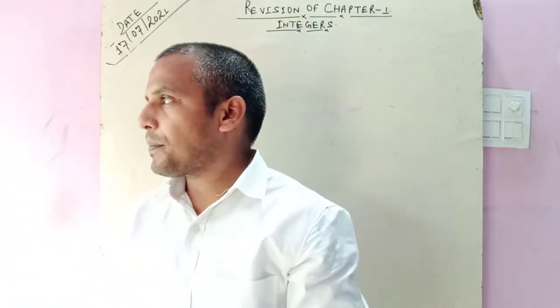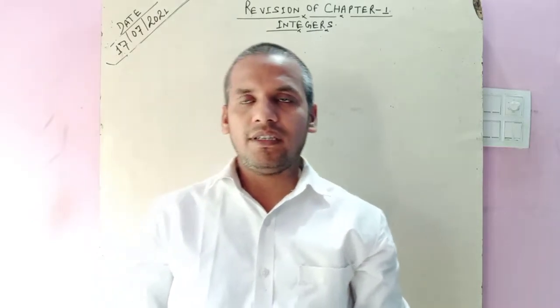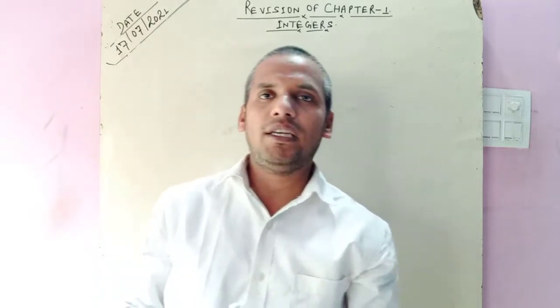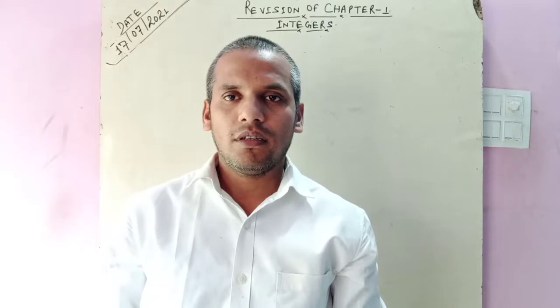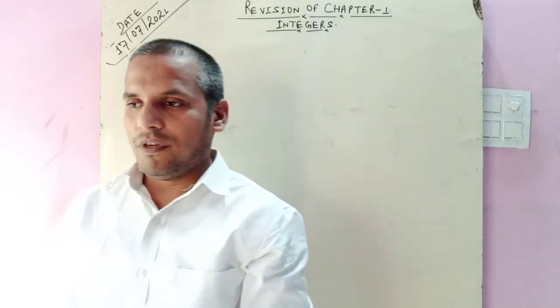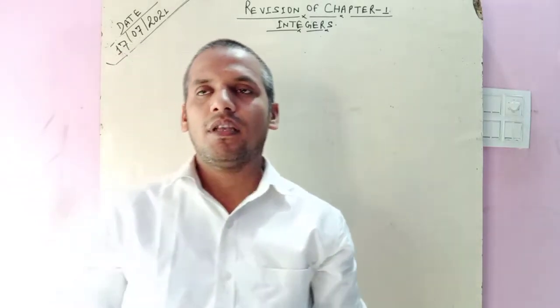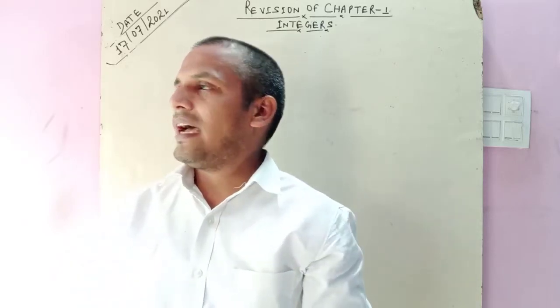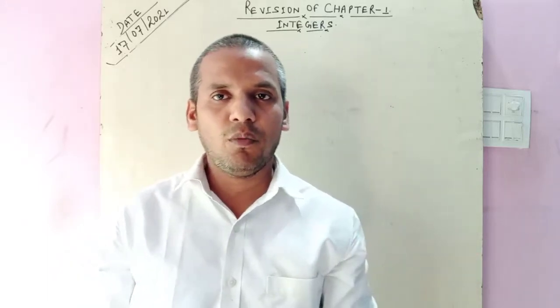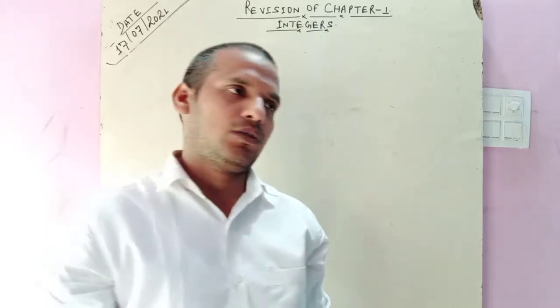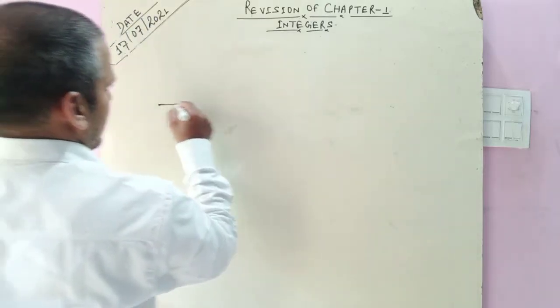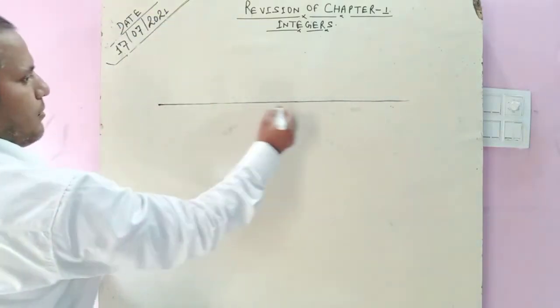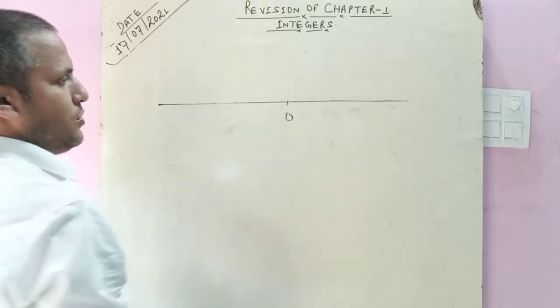We can say all the counting numbers, or we can say all the complete numbers including 0. It means all the numbers that lie between plus infinity and minus infinity, including 0, are known as integers. Here in the middle portion is the 0.